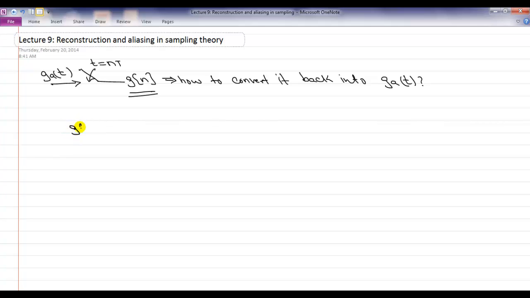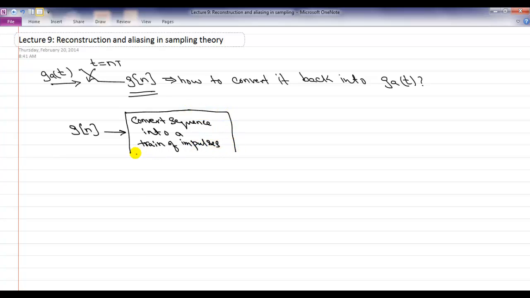So mathematically, you can think of it that you are given a sequence, and from that, you convert the sequence into a train of impulses. To construct this train of impulses, you need to use a time period capital T, which has to be the same that you used to sample your original signal.